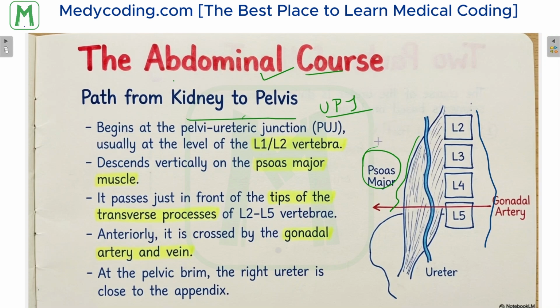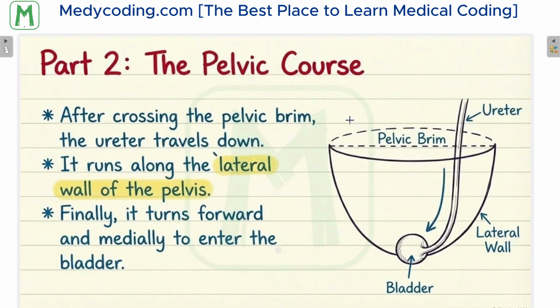Next, spinal vertebrae L2 to L5 lie in the region of the abdominal course. Pelvic course: the ureter enters an important point known as the pelvic brim. And after this point, the ureter enters into the pelvic cavity region.